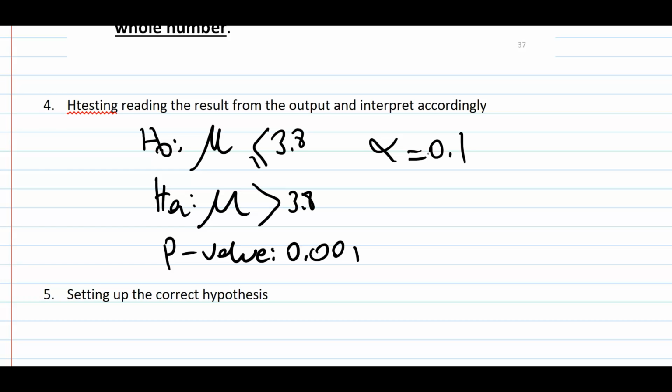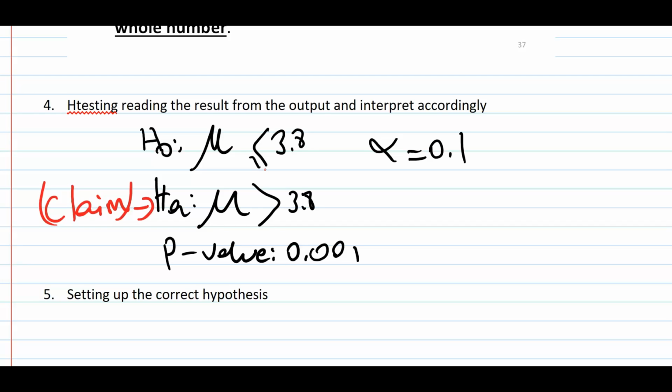You would say reject the null hypothesis. Because you look at the context, you locate the claim here. The researcher claims that students who are pursuing or planning to pursue STEM degrees have GPAs greater than 3.8. Well, the null situation will be less than or equal to.